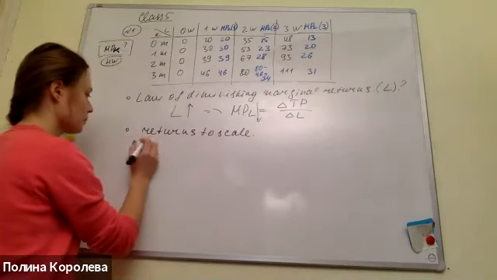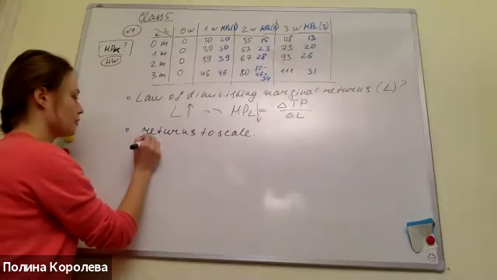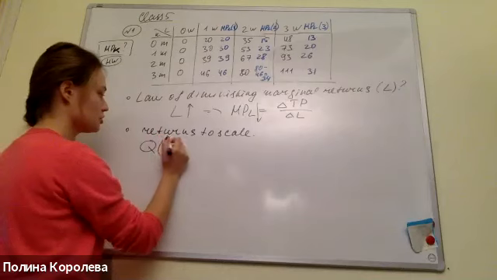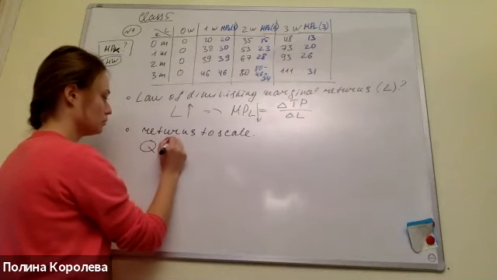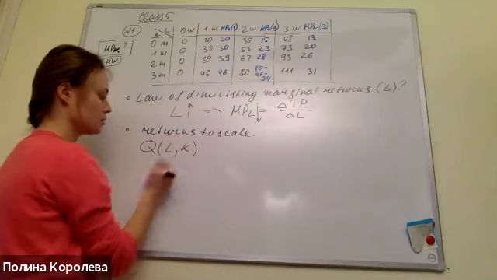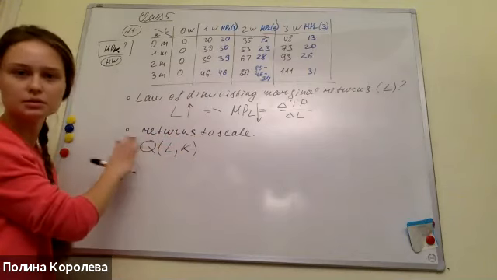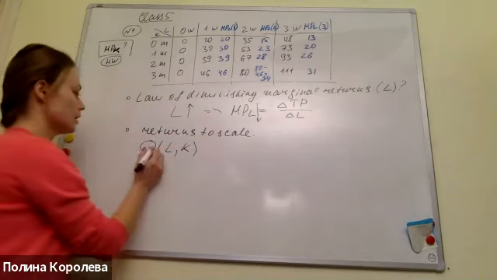So in general, let's write down. We have some production function, the quantity that we produce, which depends on labor and capital that we use. Or you can write F here, no matter.